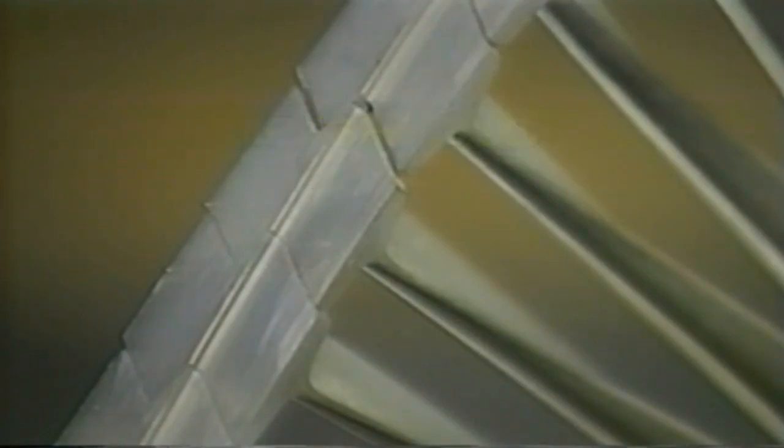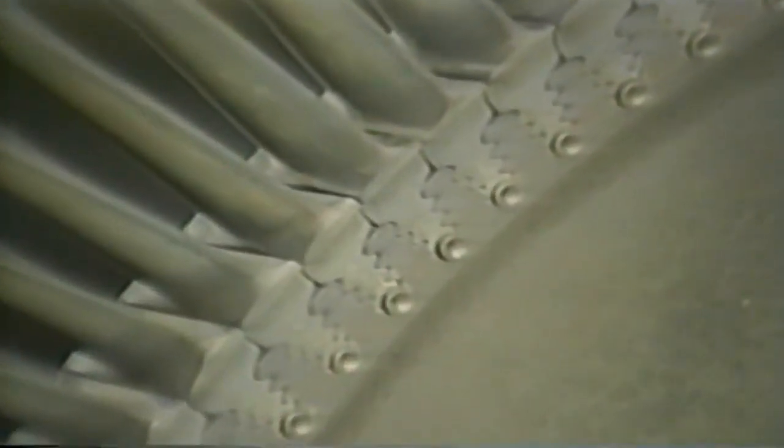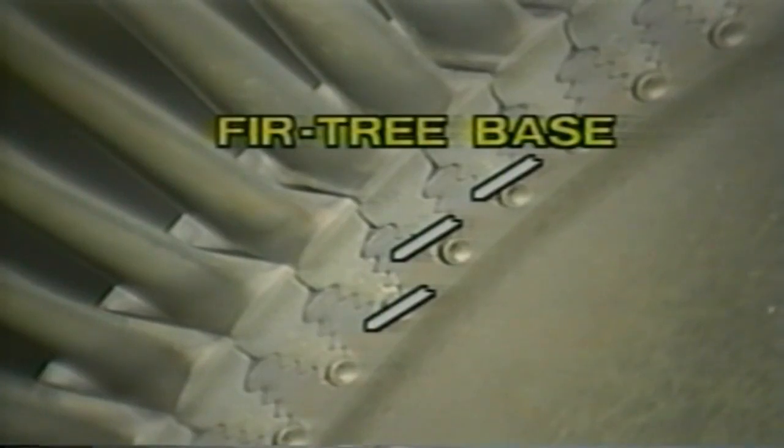You will find that the longer turbine blades frequently have tip shrouds to prevent blade vibration problems, and also to reduce gas flow leakage around the tips of the blades. Some turbine blades, because of the tougher and therefore heavier materials required, are retained in the disc using a fir tree base rather than the dovetail shape we spoke of before.